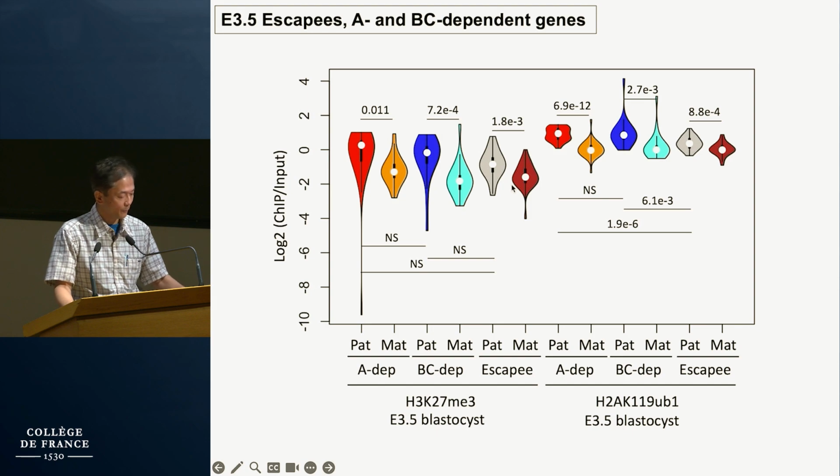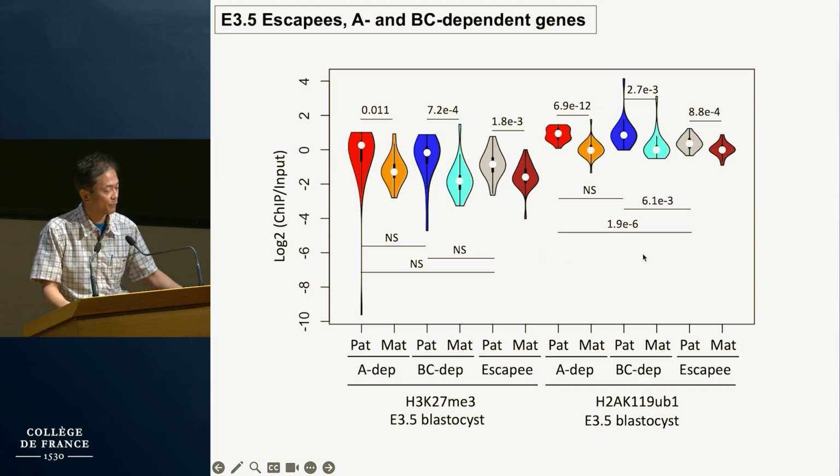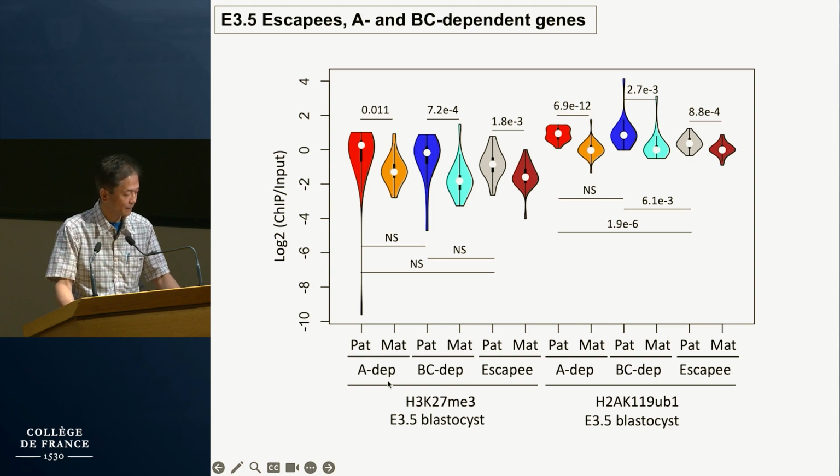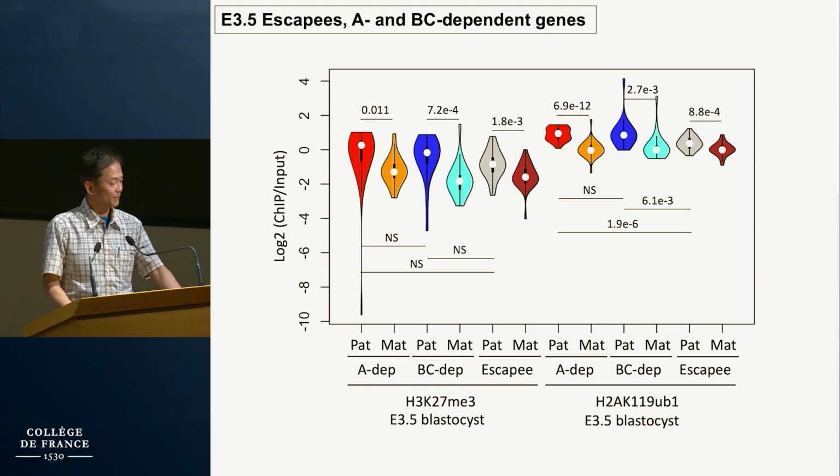So at this moment, we do not know what causes the different responses of these A-dependent genes and BC-dependent genes. And we are still analyzing the change of these two modifications or any other chromatin modifications in these mutant embryos. So I think that's it.